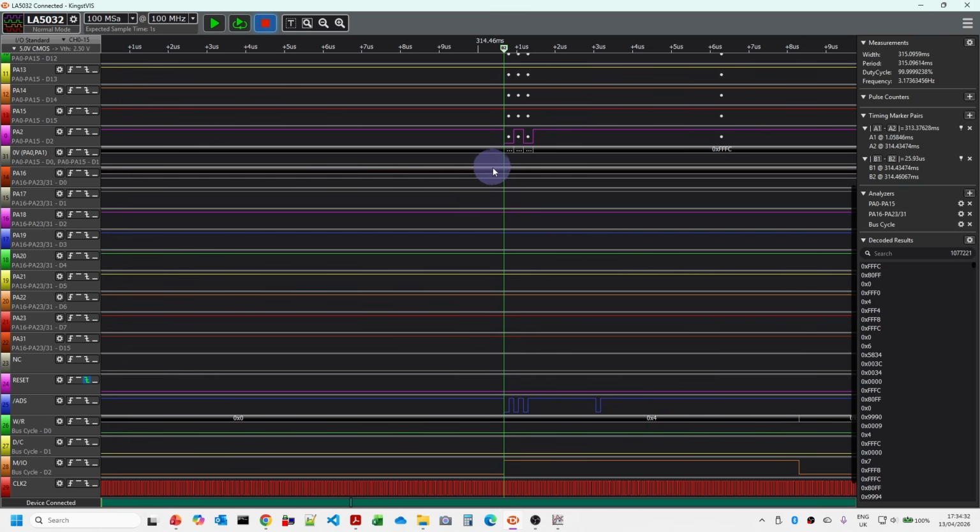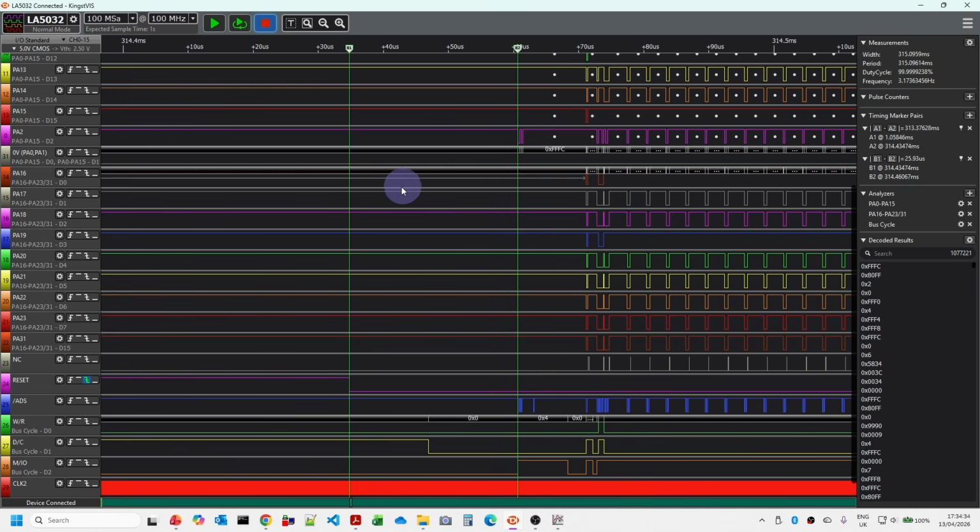If we look at what that period of time is, we can see this is about 25 microseconds. So from the reset signal going low to the first instruction really being executed is about 25, 26 microseconds. So it takes a little while. In the original 8088, I think it was about 6 or 7 clock cycles that it took. And we'll have a look and see how long the 386 requires here.